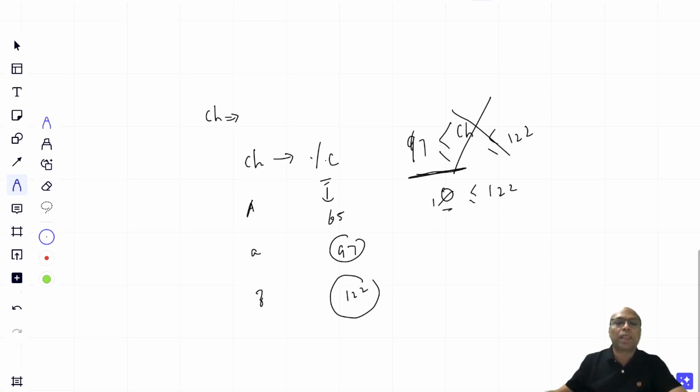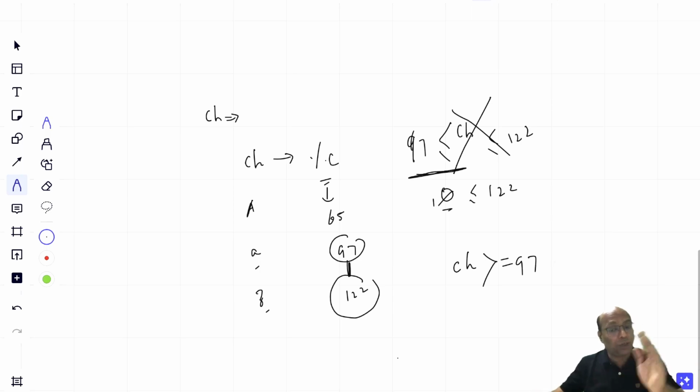How do I know a character lies within the range of lowercase a to lowercase z? That means the given character's ASCII value must lie between 97 and 122. How do I write it? If ch is my variable, it should be greater than or equal to 97, and it also should be less than or equal to 122.